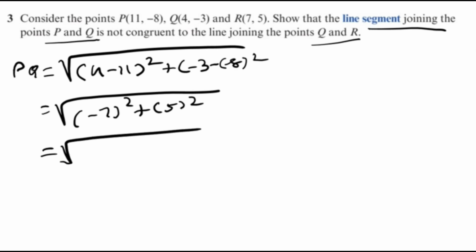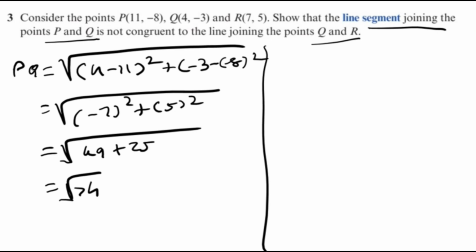Minus 7 squared is 49, plus 25 will give you root 74. We don't have to do the square root because we just have to say whether it's the same or not, so that's okay.